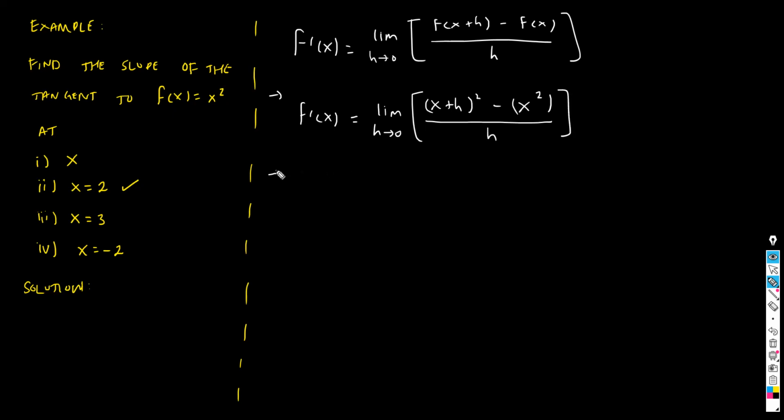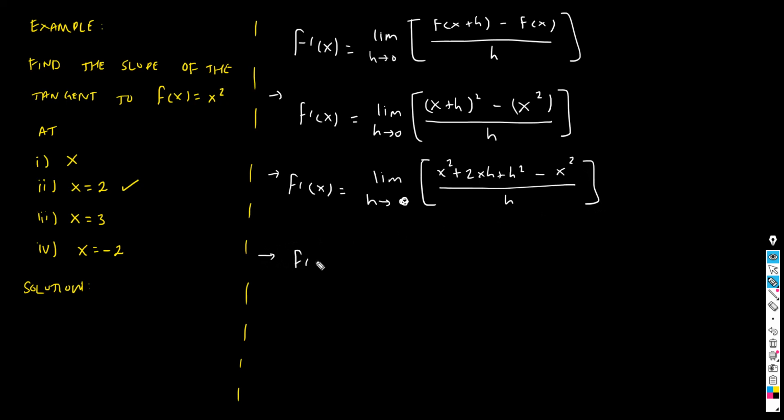That's it. Next step, f prime of x is equal to the limit as h approaches 0 of this binomial to the square. I'm going to expand it: x squared plus 2xh plus h squared minus x squared over h.